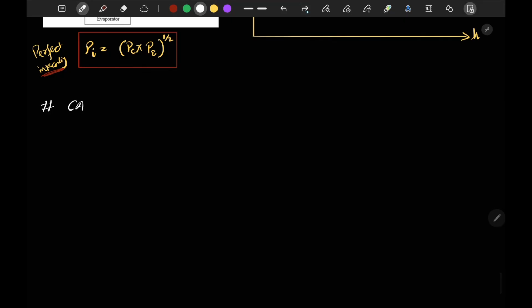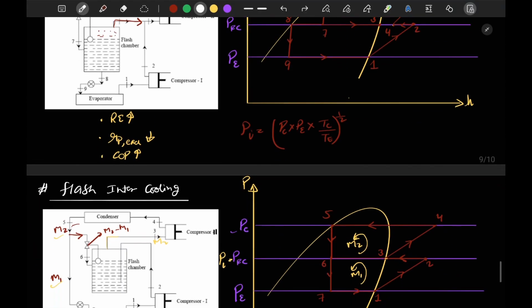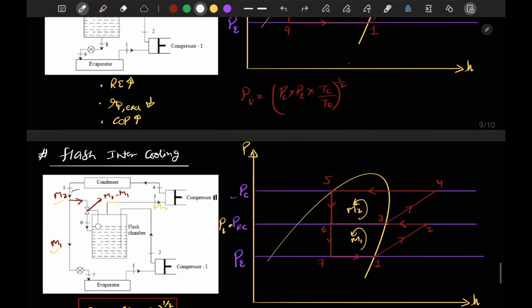Last topic for VCRS, that is cascade system. Cascade system is used if we have to use multiple refrigerants in our system. Basically, the above mentioned systems have some certain limitations. And what are these limitations?